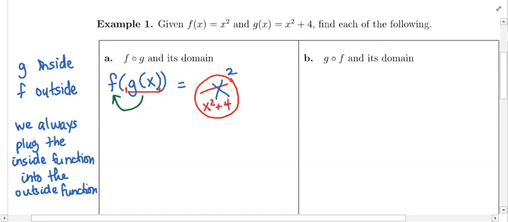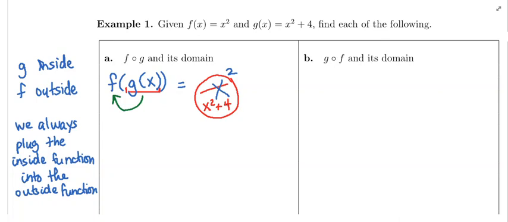Let me repeat that. The way I do it is I look at this and I say f is my outside function, so I write down f, which is x squared. But you're plugging g of x into f. You always plug in for x. So everywhere you see an x in f, you need to replace it with the entire function g of x.